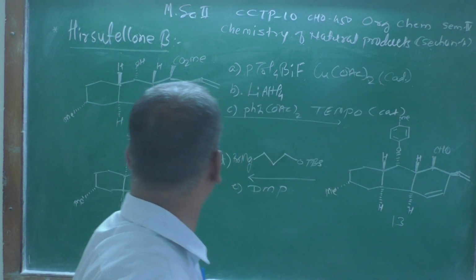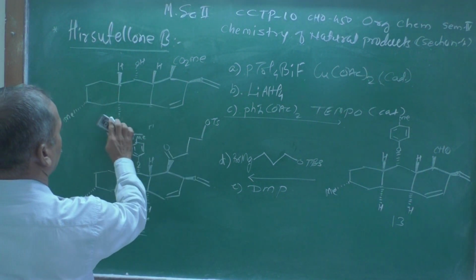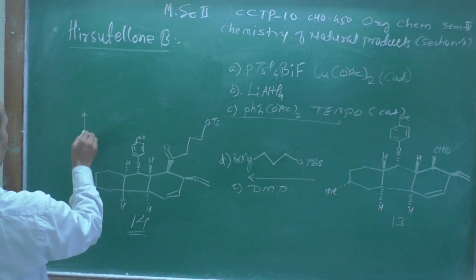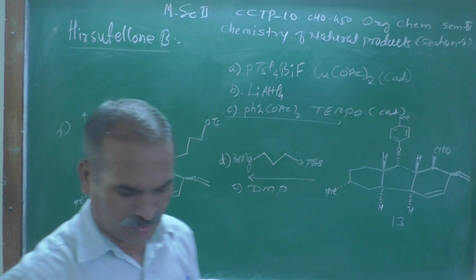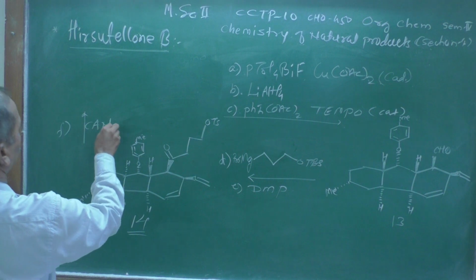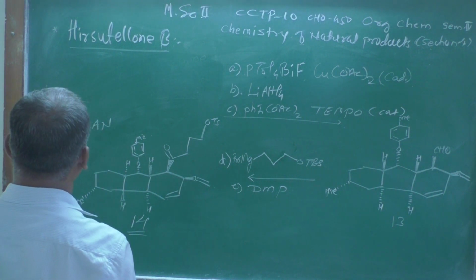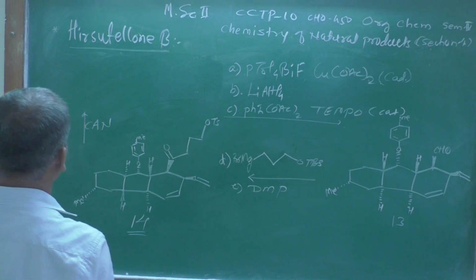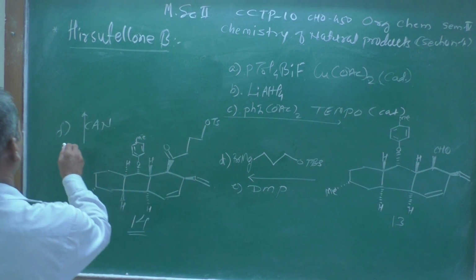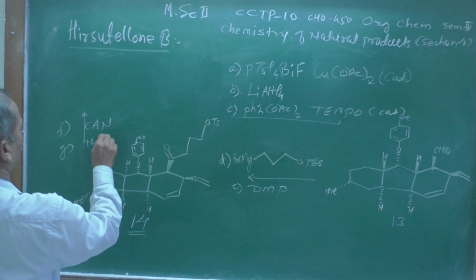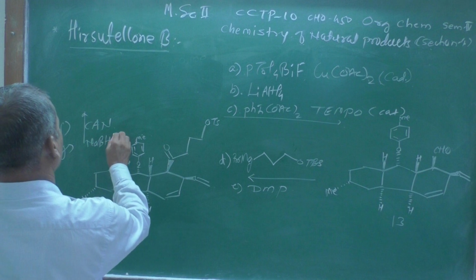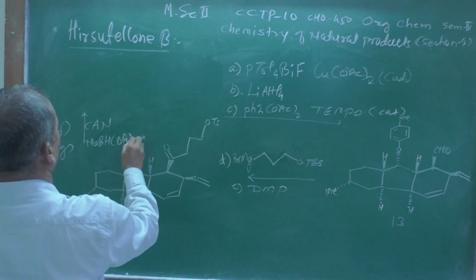And after that, this compound is further treated with F reagent, as we know that F reagent is CAN, that is cerium(IV) ammonium nitrate. This is a reagent, and G is another one. G is NaBH(OAc)3.